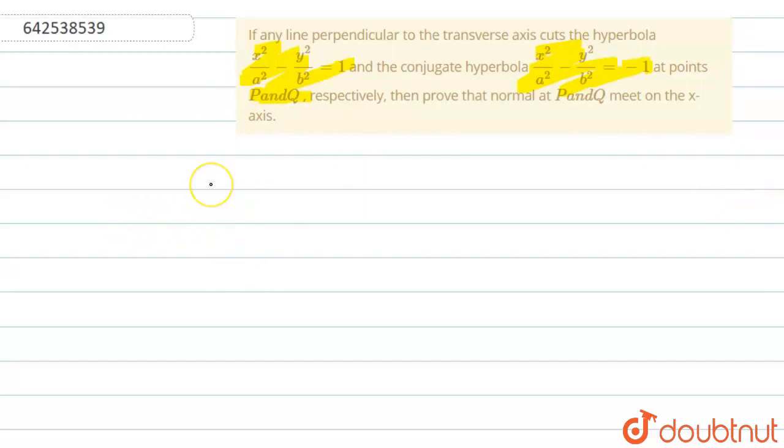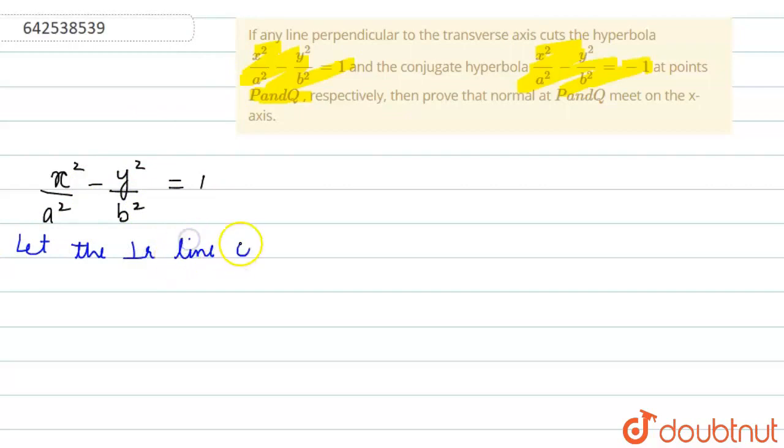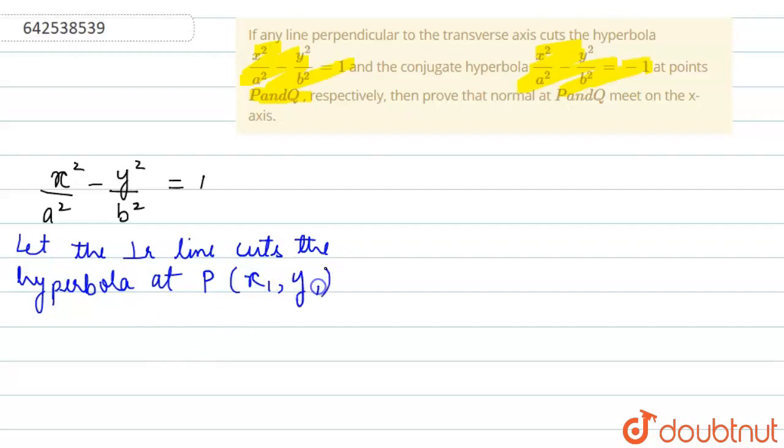So, we have been given the hyperbola x square upon a square minus y square upon b square equals 1, and let the perpendicular line cut the hyperbola at P, whose coordinates are x1, y1.